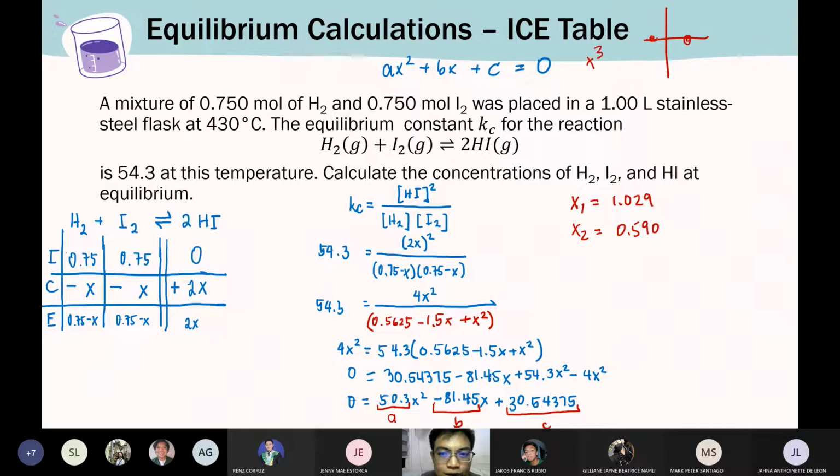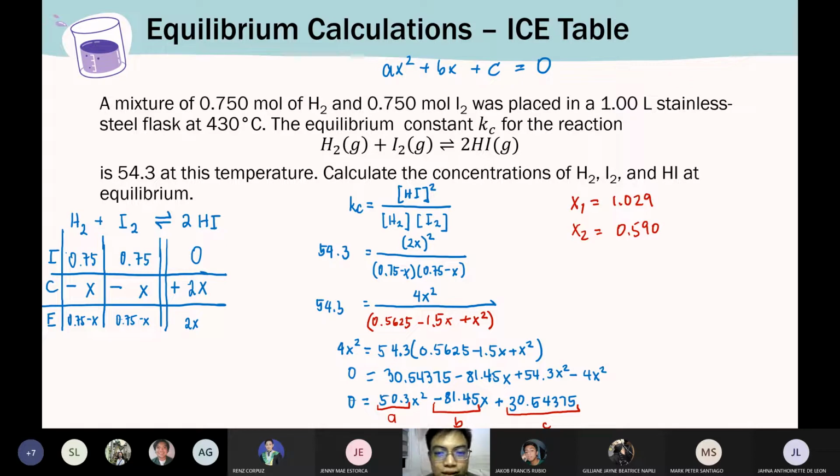If yan ay x cubed, edi tatlo. Pag x raised to 4, edi 4. So, the highest degree tells you how many roots you have. The root literally means yun yung part ng graph na nag-pass through sa x-axis. Anyway, too much theory na.